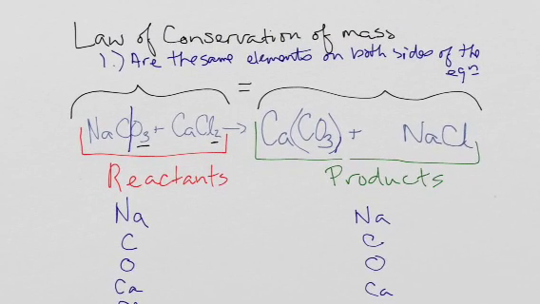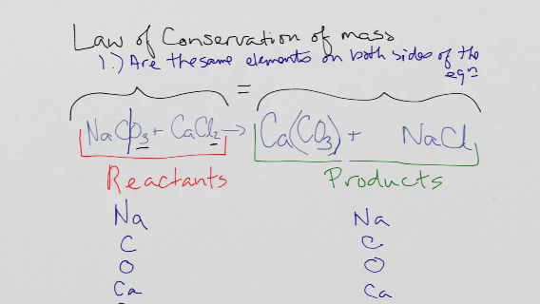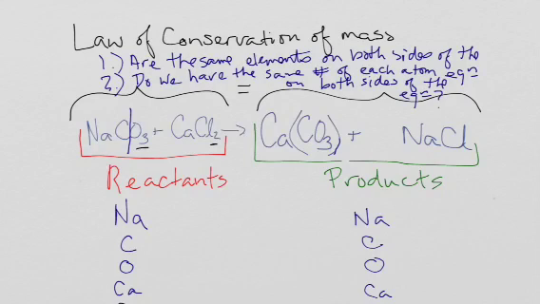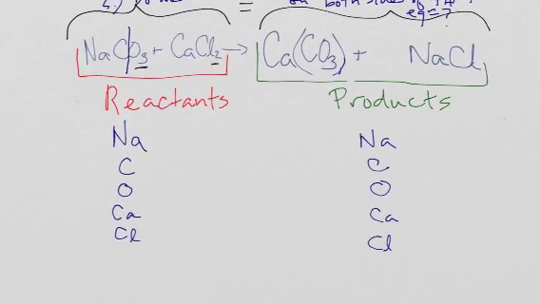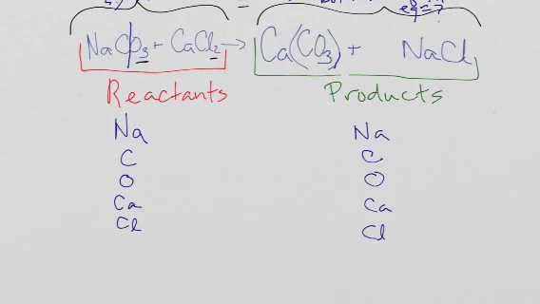Let's go up and add question number 2. Question number 2 is, do we have the same number of each atom on both sides of the equation? So I'm just going to push that up here.